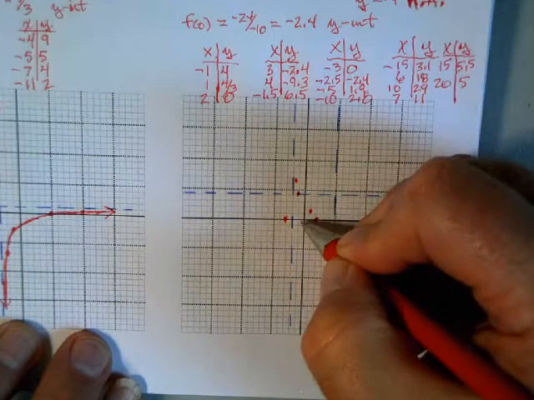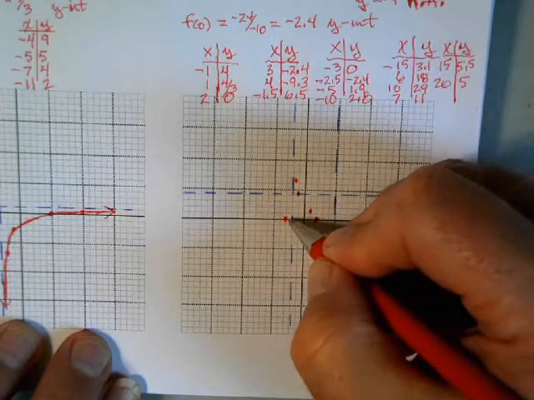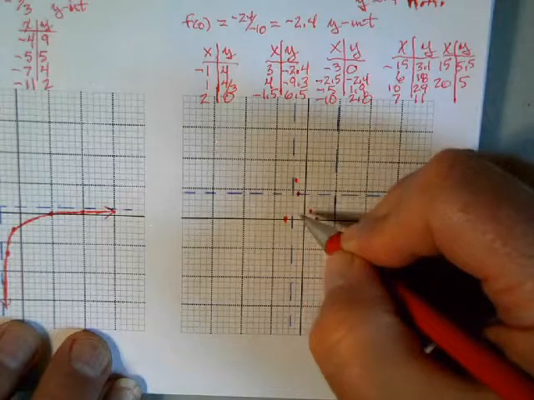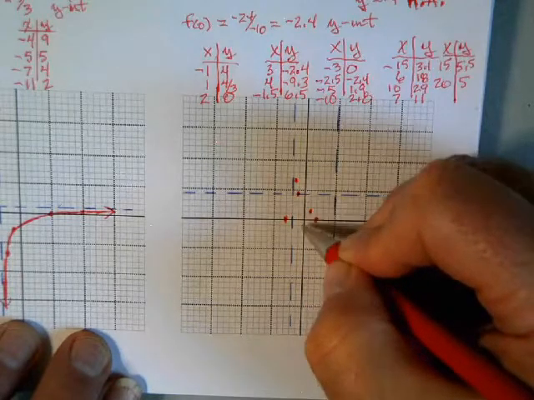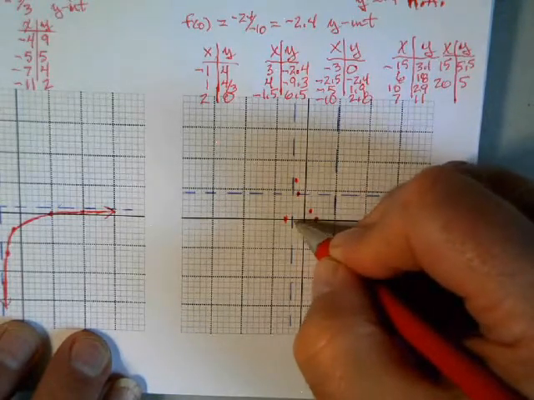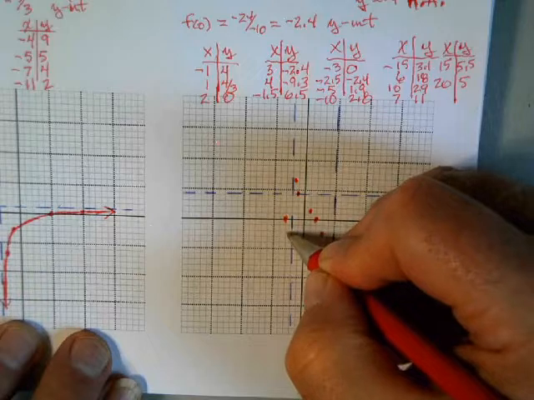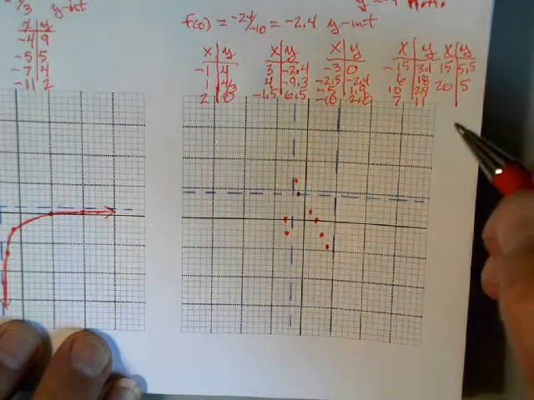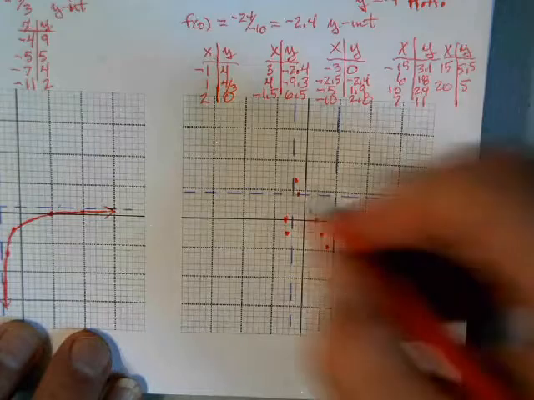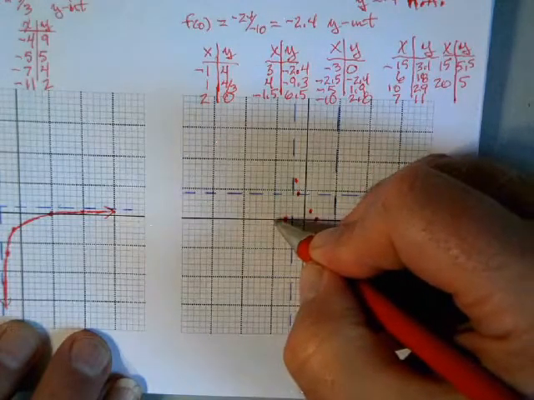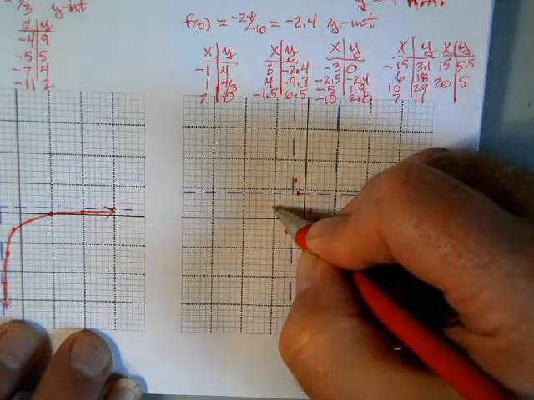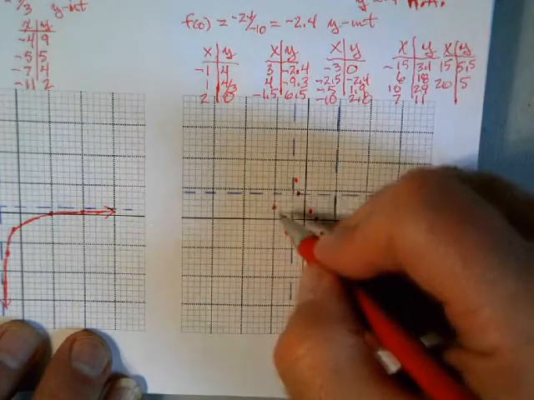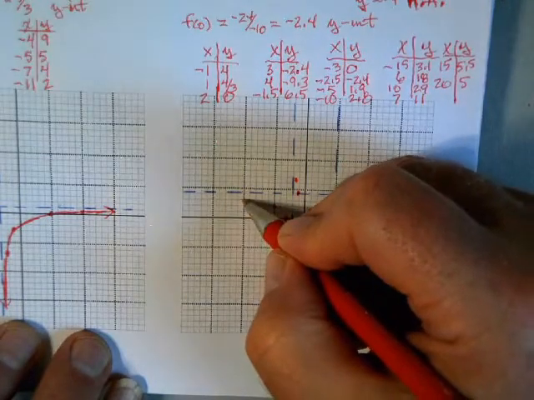Let's see. Oh, down here. So 2.5, 2. It's about there. Negative 5 is 1.9. Positive 1.9 is almost 2. Negative 10 is 2.8. So it's almost up to 3. Negative 15 is 3.1, so just barely above 3.